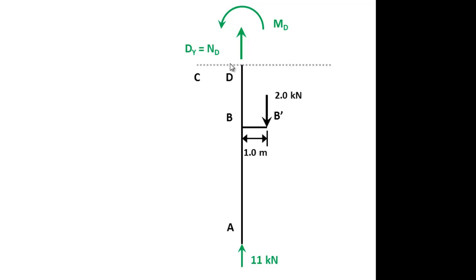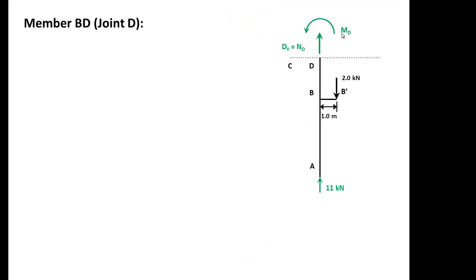Because the horizontal force comes usually from this member or this member, and the horizontal force in BD is the normal force in CD or DE. But remember, these members CD and DE had no normal forces, so they don't transfer any horizontal forces here. That's why I only have a normal force, ND, and MD, the moment.